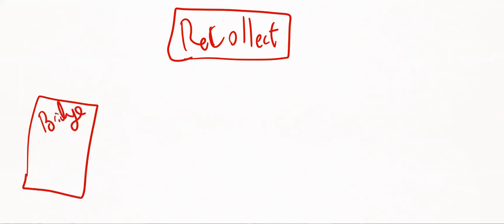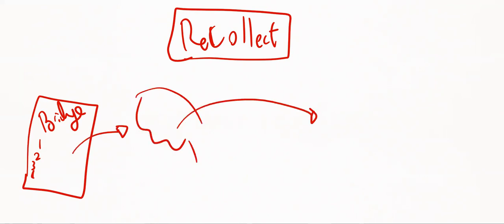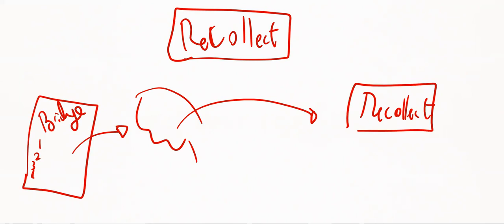For example, if you learned about the steps of building a bridge from that book, which were like 1, 2, 3, 4, 5, 6 steps, you learned it, okay? And I'm asking you to recollect. What I'm asking you to do is not actually to recite what you've learned in that book. That's not what I'm asking.